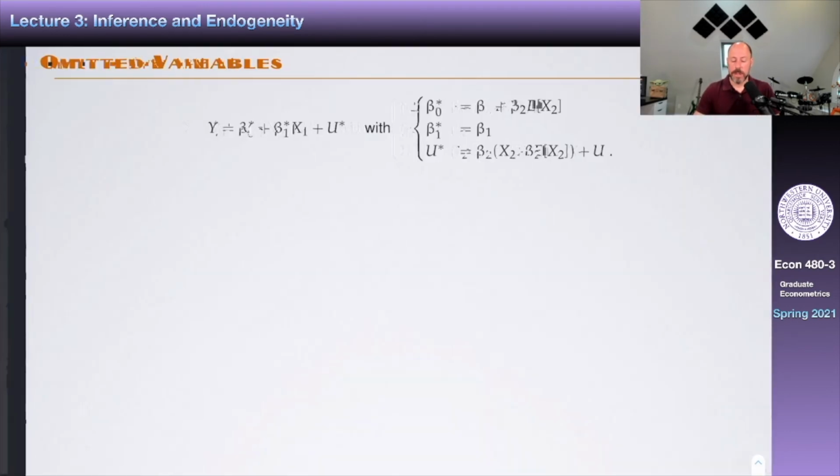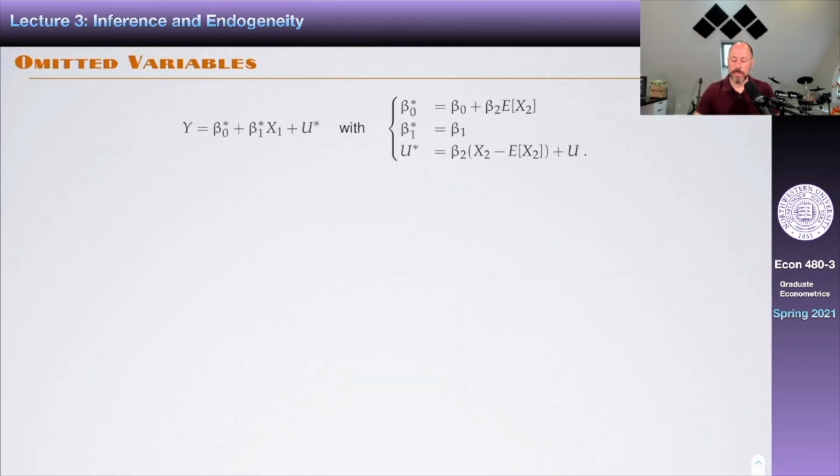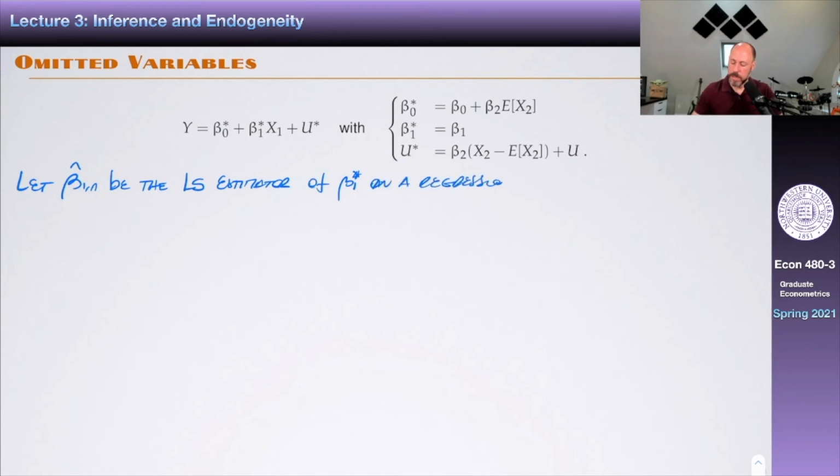This is what we just did, repeated here. Now let beta 1 hat be the least squares estimator of beta 1 star in a regression of y on x1 and a constant.